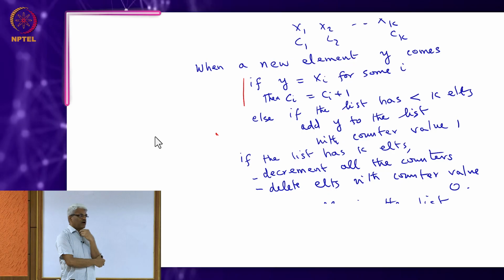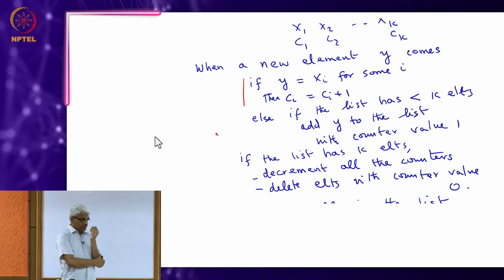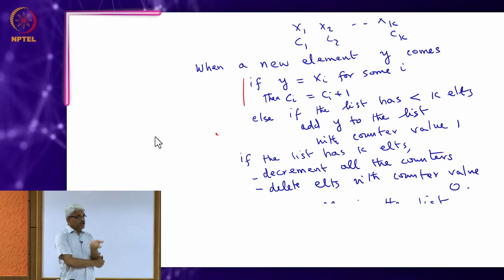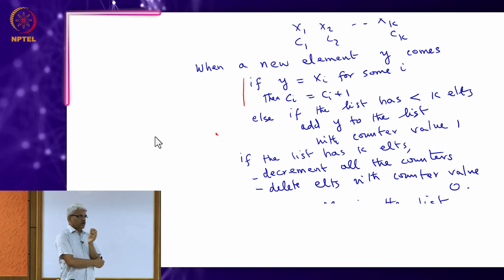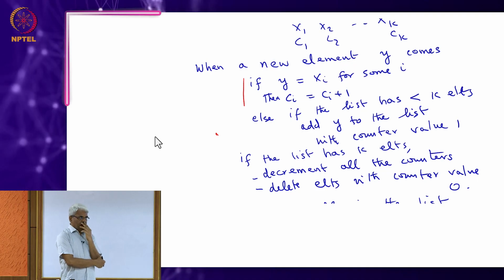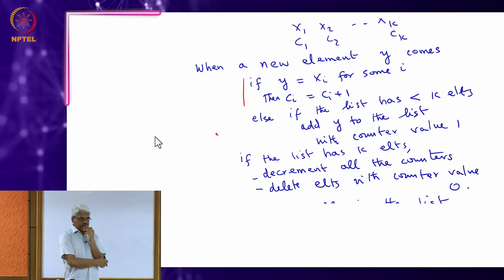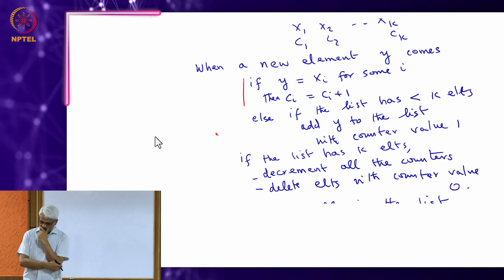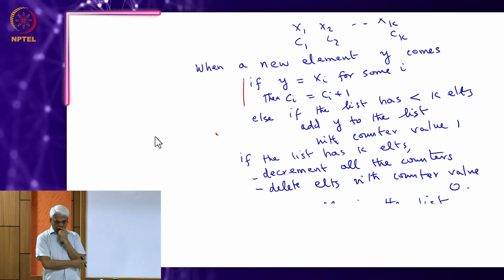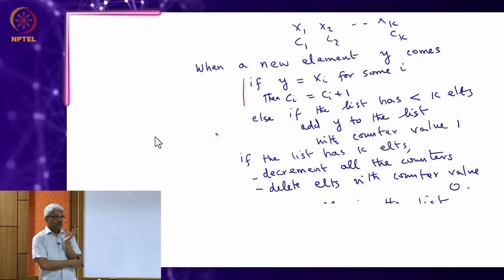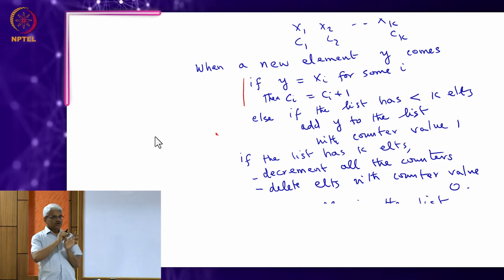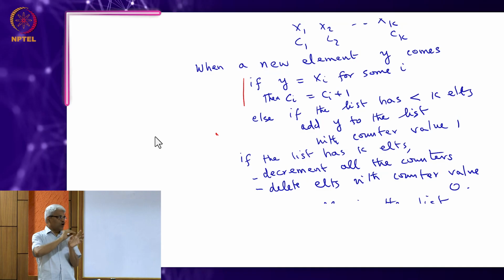Can I do better? For that I need to maintain these elements in a sorted array, but it has a problem. If I maintain it in a sorted array, I can check if y is equal to some xi, and I can update the counter appropriately.